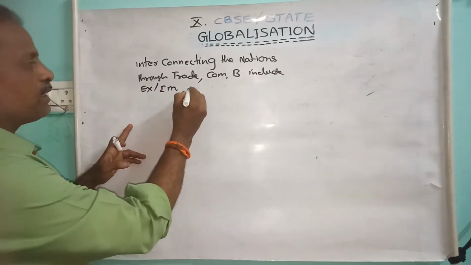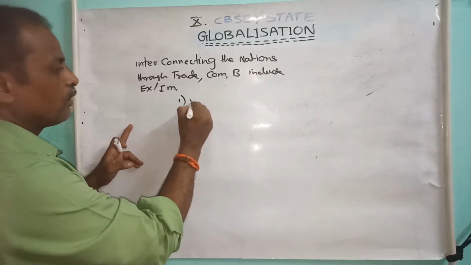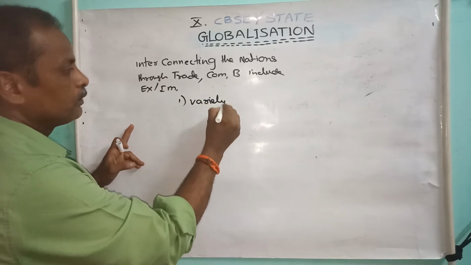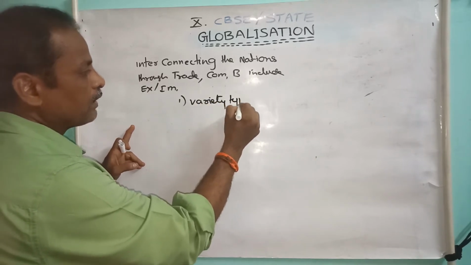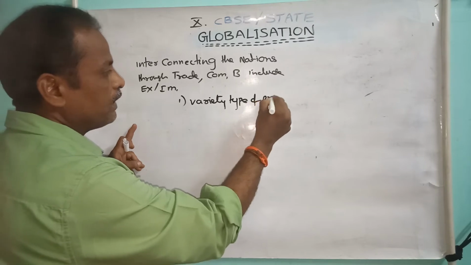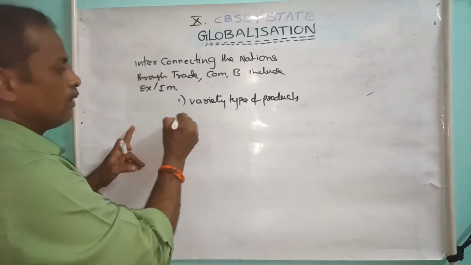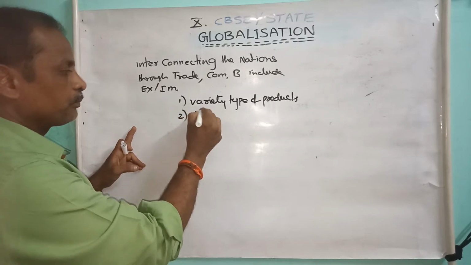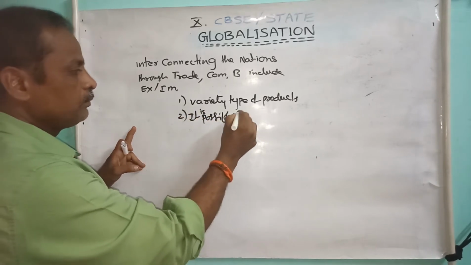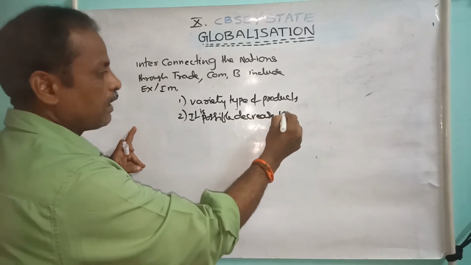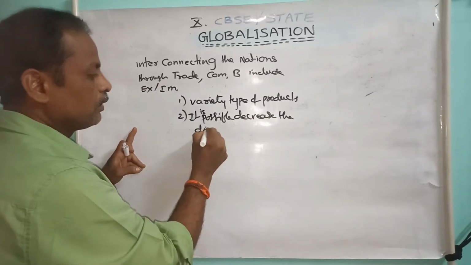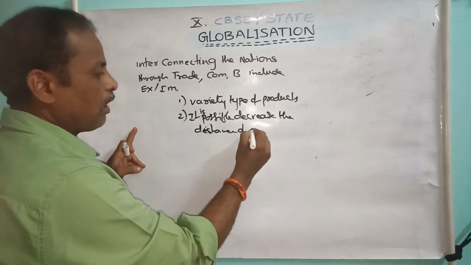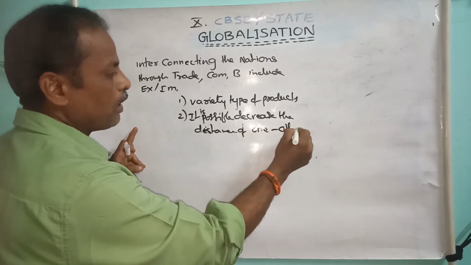Now we have to see what the advantages of implementing globalization are. Globalization causes a variety of articles, a variety of products. By globalization, it is possible to decrease the distance between one country and another.